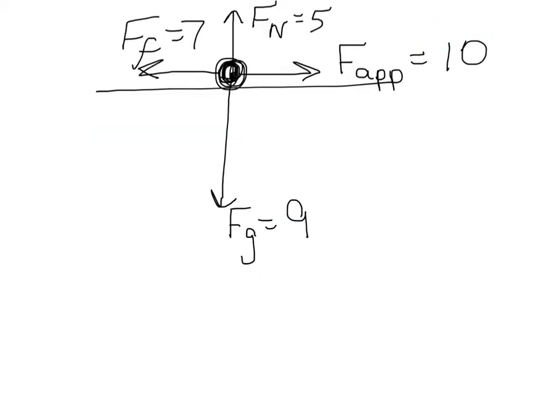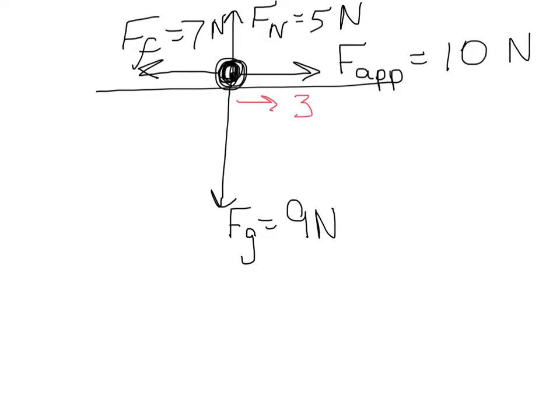Now, if you look at this free body diagram, we know we have a force applied that's 10. We know we have a force of friction, that is 7 newtons. We know our normal force is 5 newtons, and our force due to gravity is 9 newtons. So what's going on? Well, we know the motion to the right is greater because you have 10 minus 7. So we know it's moving to the right at roughly 3.